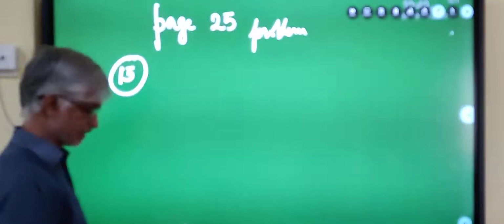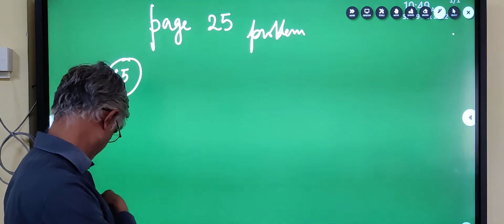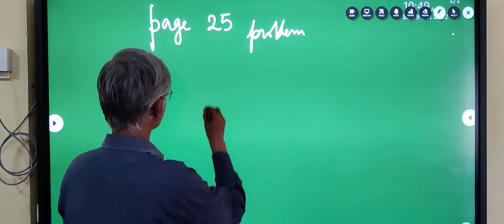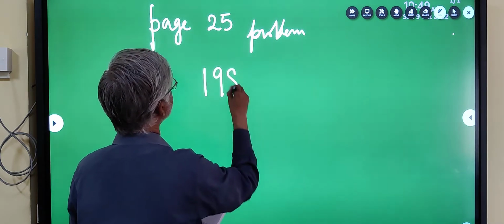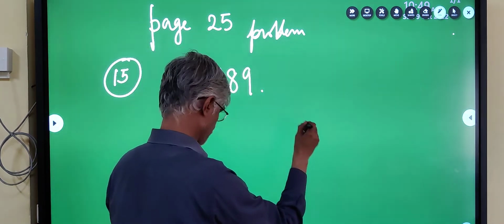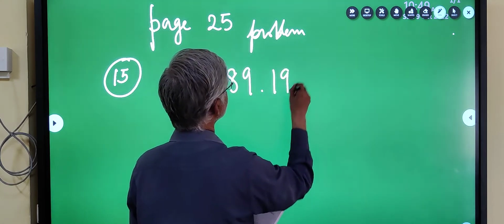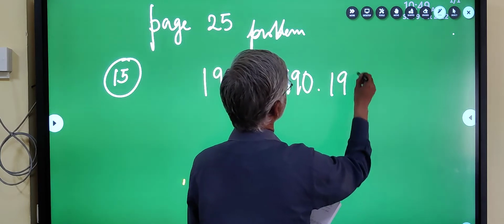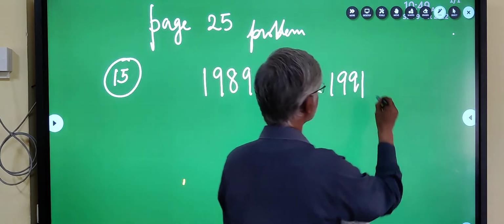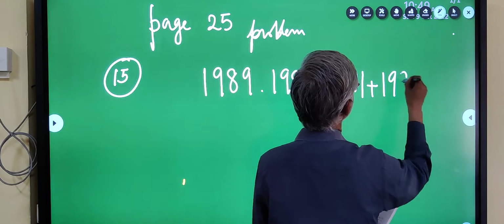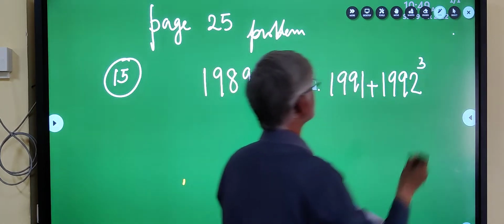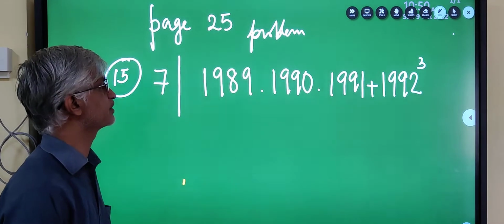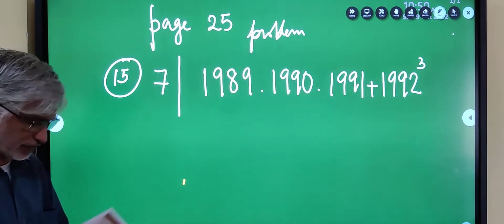And the problem says: what is the remainder when you divide 1989 multiplied by 1990 multiplied by 1991 plus 1992 cubed by 7? What is the remainder of this number when you divide by 7?